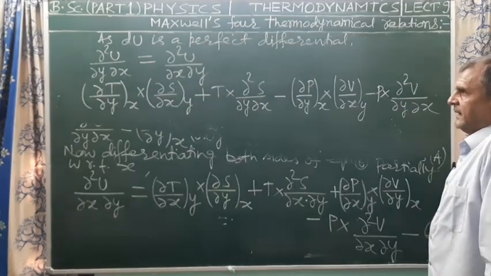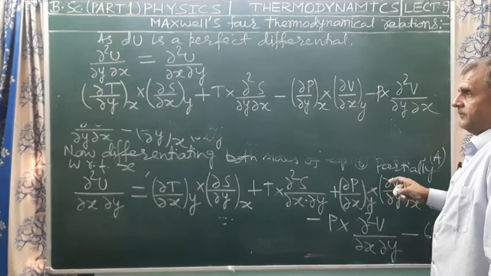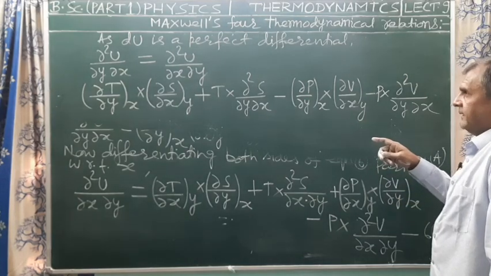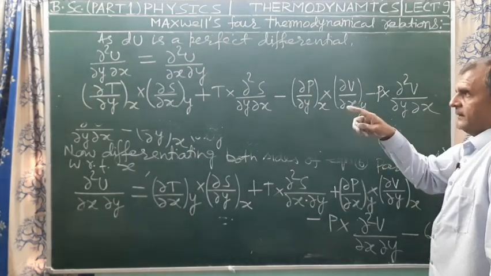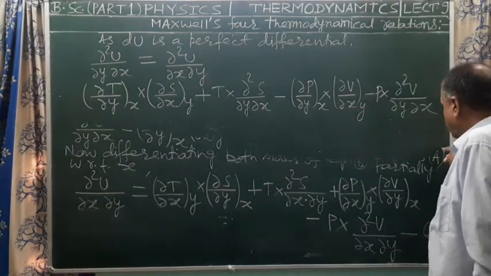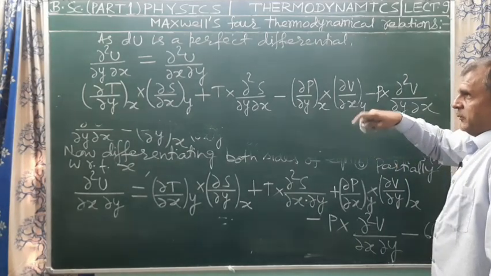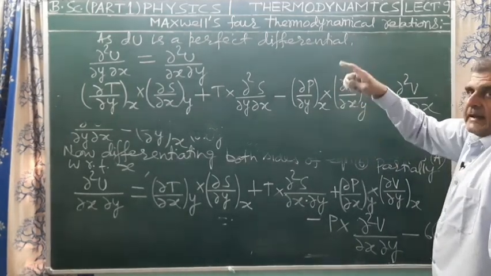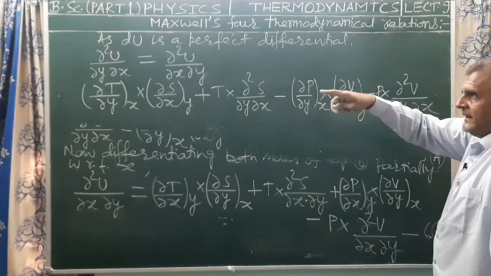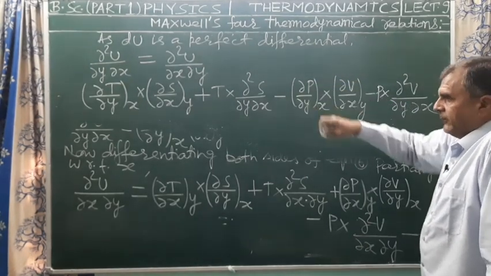So this is the value of ∂²U/∂y∂x from equation 5a. And since dU is a perfect differential, ∂²U/∂y∂x equals ∂²U/∂x∂y.